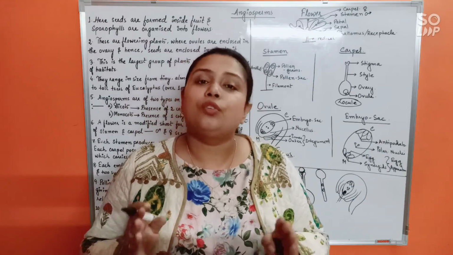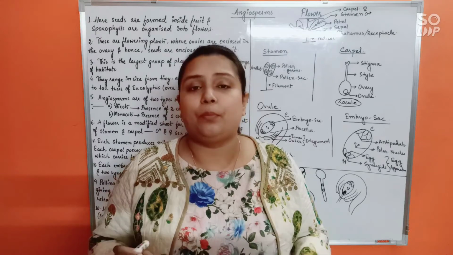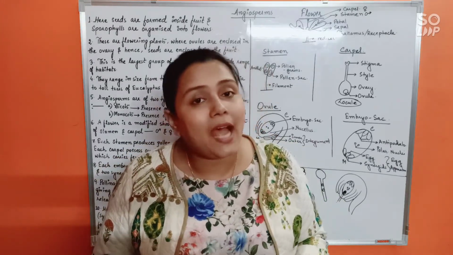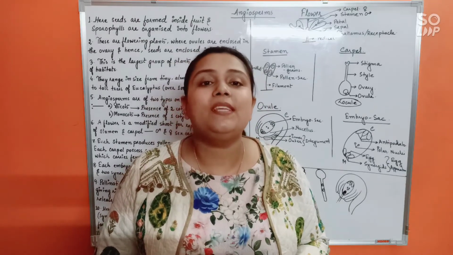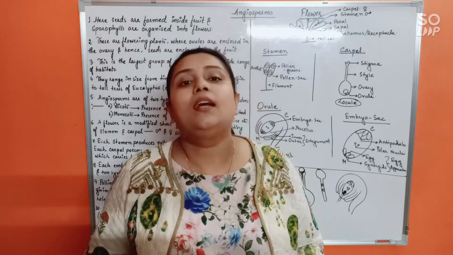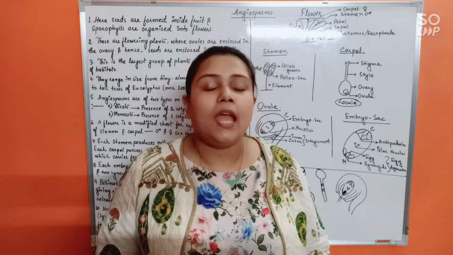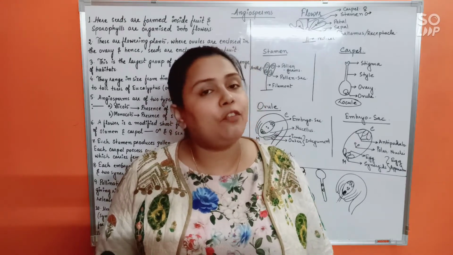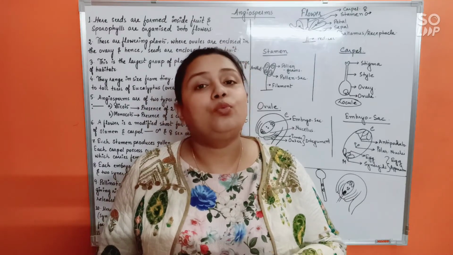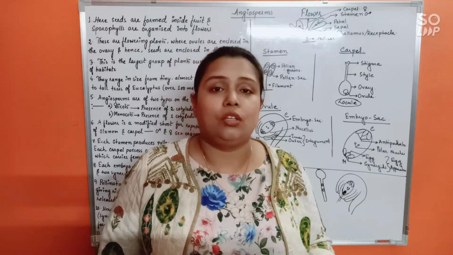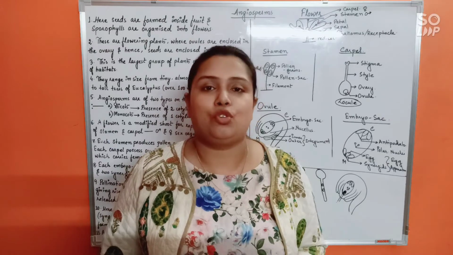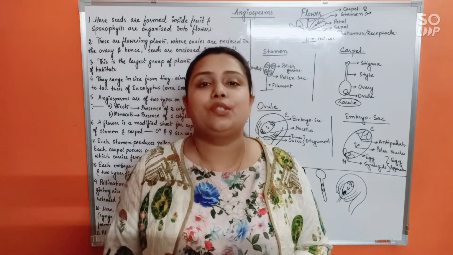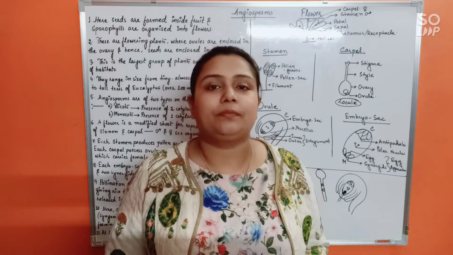Do remember, this is very, very important. When one male gamete fuses with the egg, forming a zygote, we call this event syngamy. What do we call it? Syngamy. And when another male gamete fuses with the two polar nuclei, forming a triploid structure, we call it triple fusion. And syngamy plus triple fusion together is known as double fertilization.